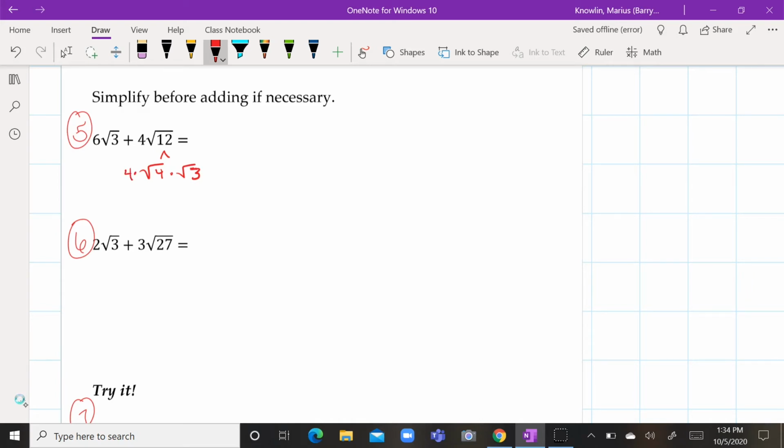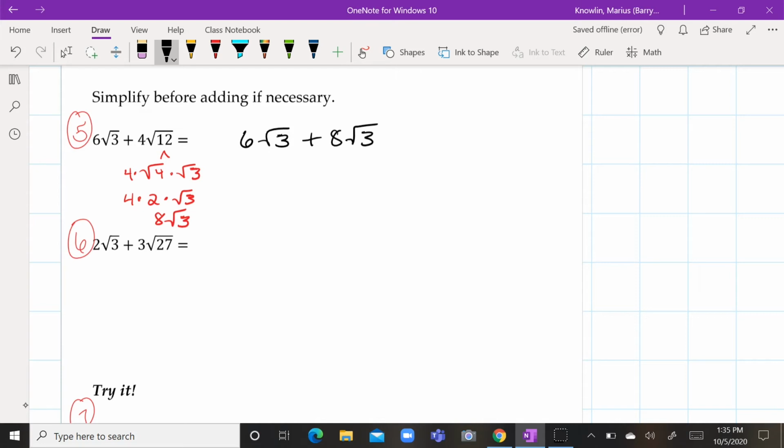Now, you can take the square root of 4, which is 2. So that's going to be 4 times 2 times the square root of 3, which makes 8 square root 3. Now when we rewrite it, we're going to have 6 square root 3 plus 8 square root 3.